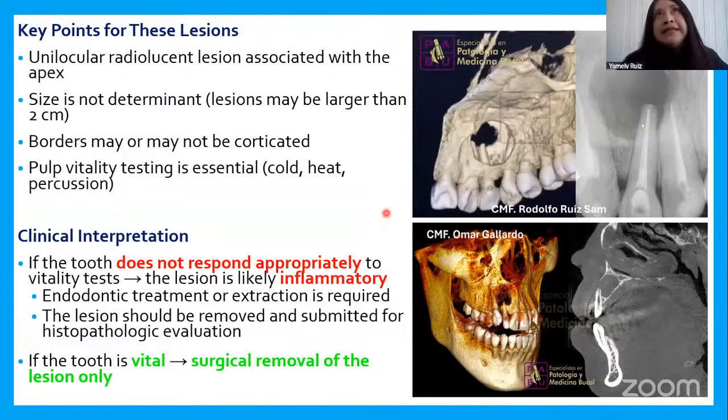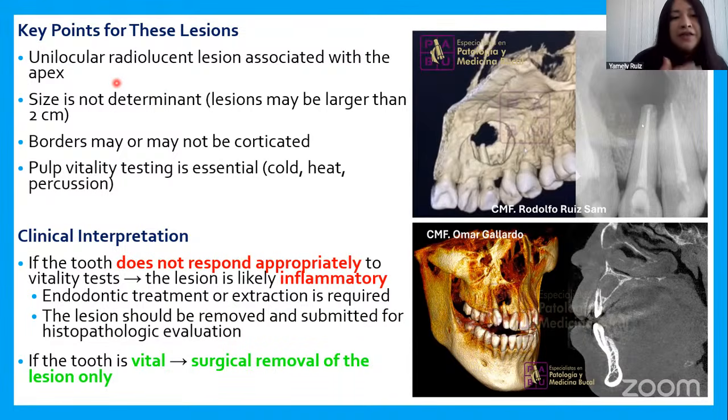So for periapical cysts and periapical granulomas, we have key points for these lesions. The first one is that if the image you see in your radiography or tomography is a unilocular, radiolucent, or hypodense lesion associated with the apex of the teeth, you can think that maybe this is an inflammatory condition like radicular cyst or periapical granuloma.